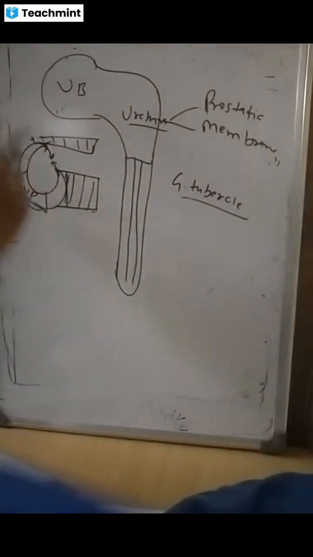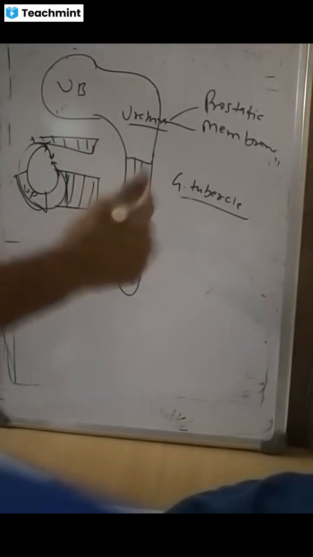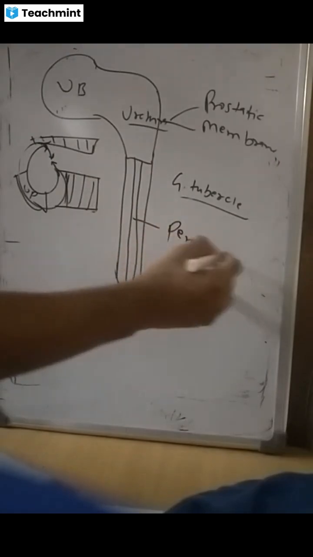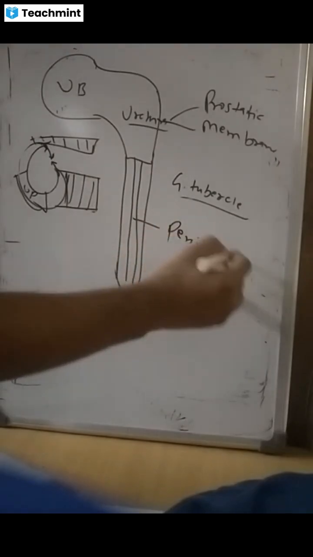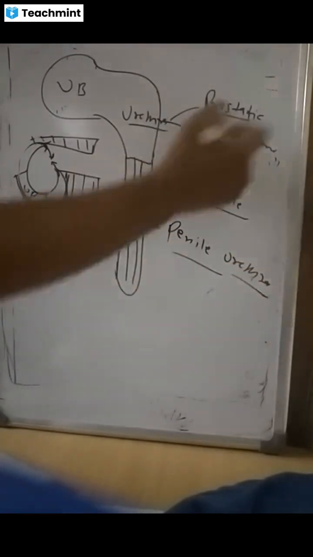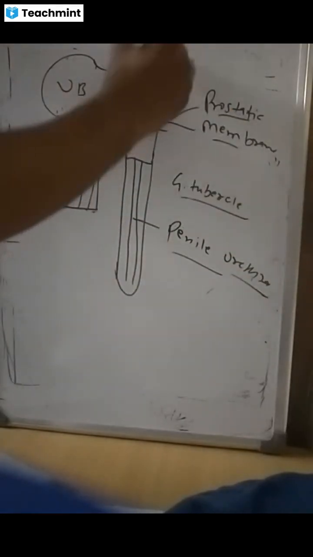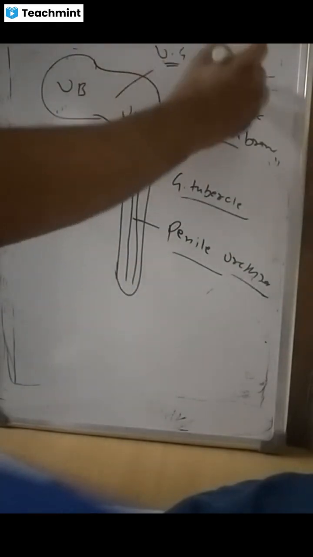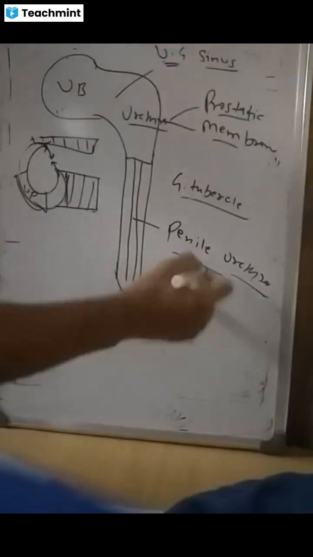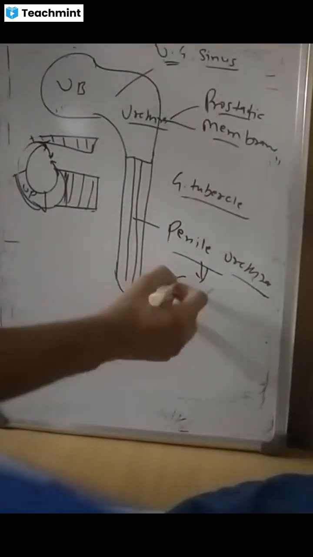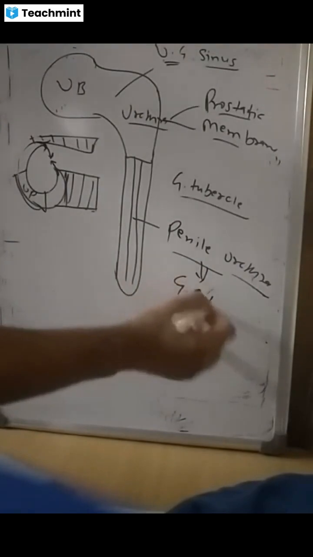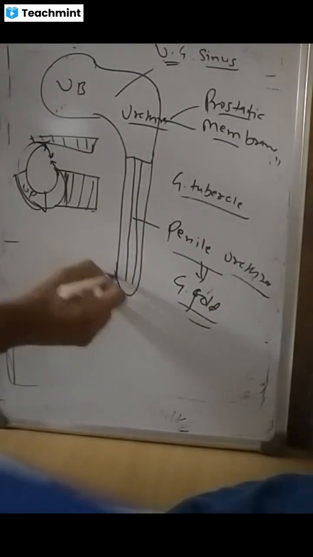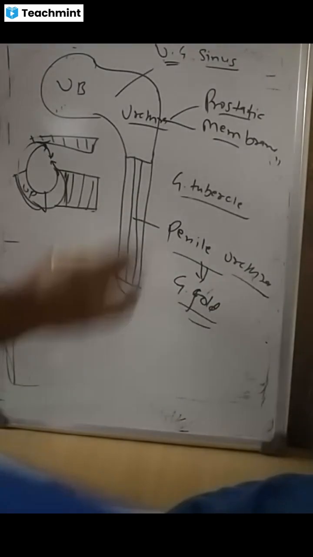This complete tube-like structure is called the penile urethra, because the prostatic and membranous urethra are on that side and this part was formed by the folding of your genital fold up to this stage.